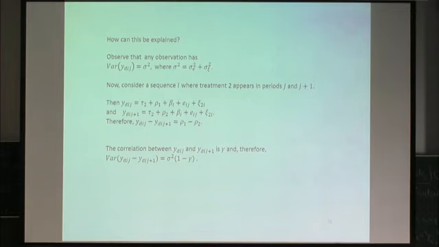I neglect the period effect for the moment. And in the next observation, you have the same main effect. You have the carryover effect of treatment 2 now, because it appears twice. And the same assessor effect and the same interaction here.